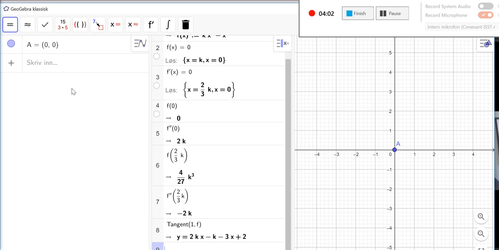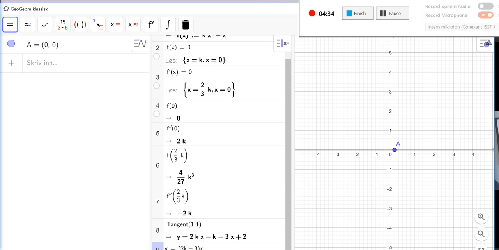So I'll just write it here. I have to add the terms with x here. So I get y equals, and we see that I have 2kx minus 3x, and this I can actually write like this: I have 2kx minus 3x, so I have 2k minus 3 times x. Do you agree? If I multiply x in here, I will get these two terms. So these are the terms with x.